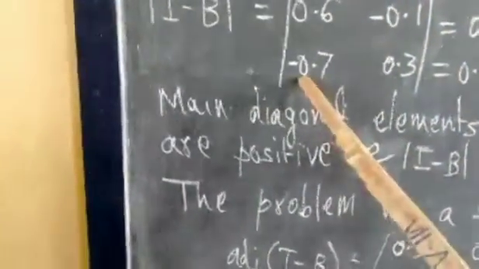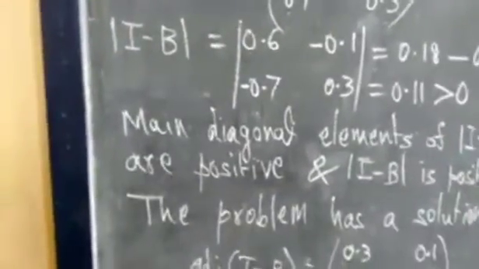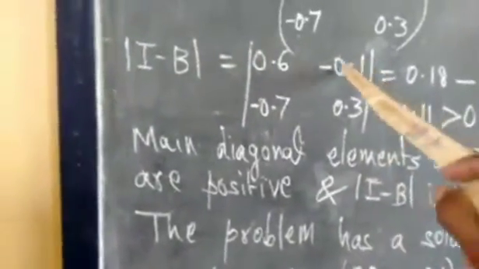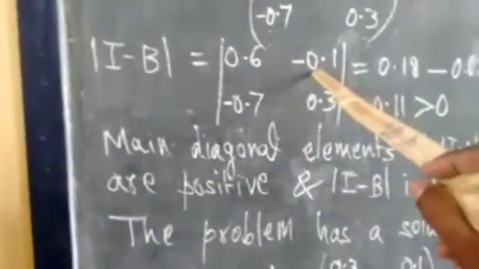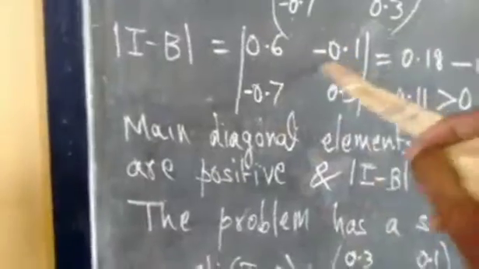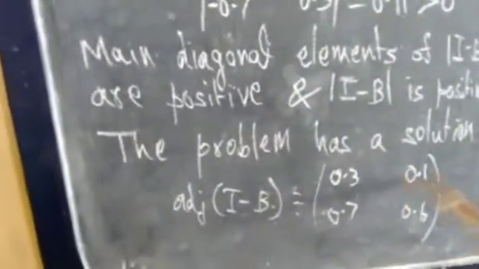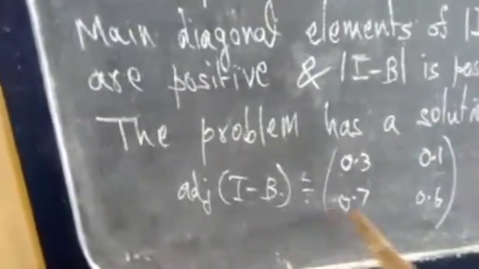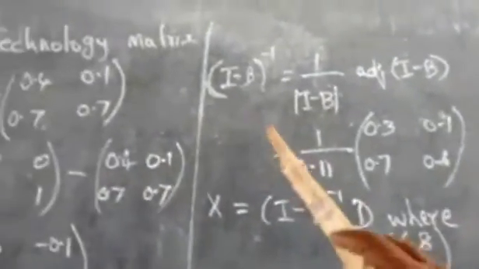But does this other diagonal have any name? Let us assume this is the side diagonal for our convenience. In the side diagonal, let us change the sign. Then what did you get? This is plus 0.1, this is plus 0.7. Is it okay?